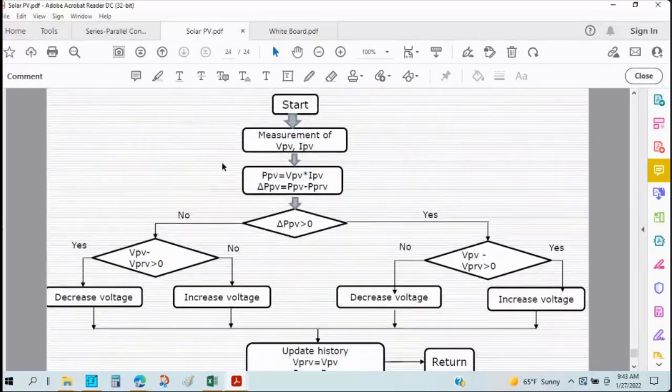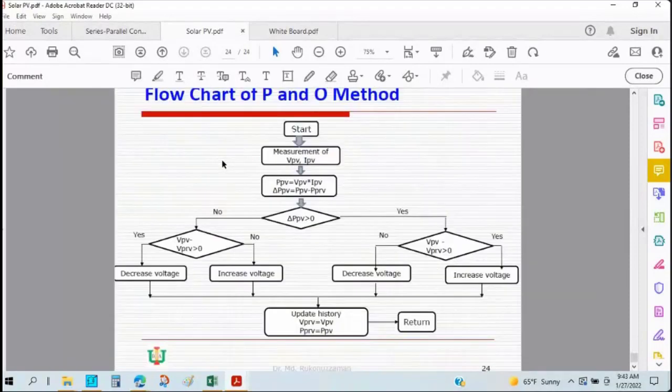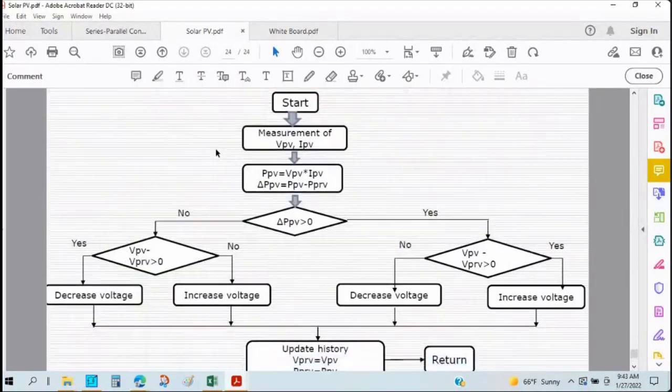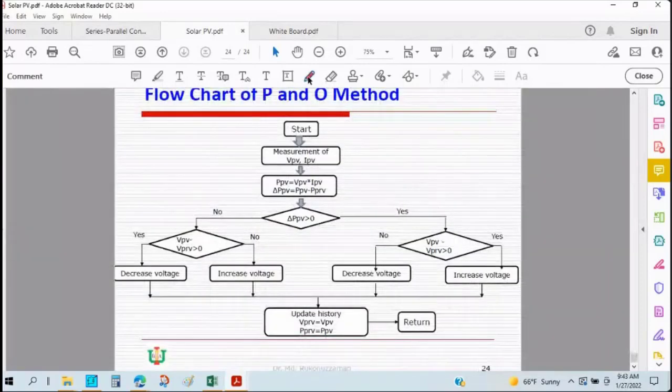The method is simple and it will be easier for you to understand, but for the examination we can skip this one. What we will do here is measure the voltage and the current of the solar panel. Suppose we have a solar panel.